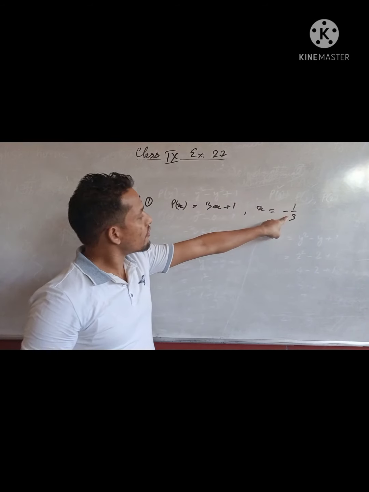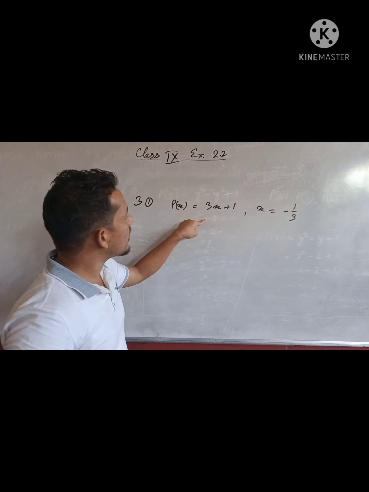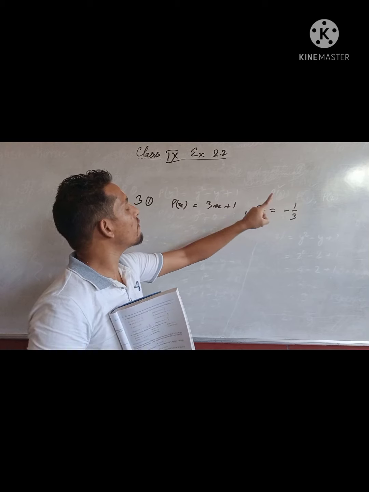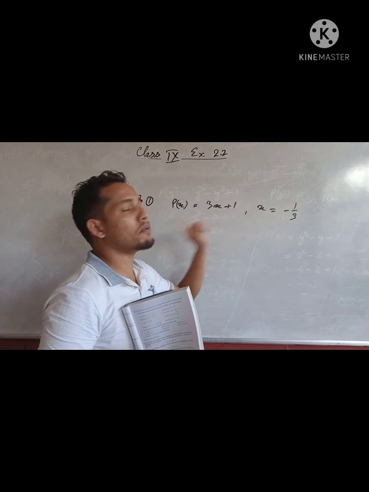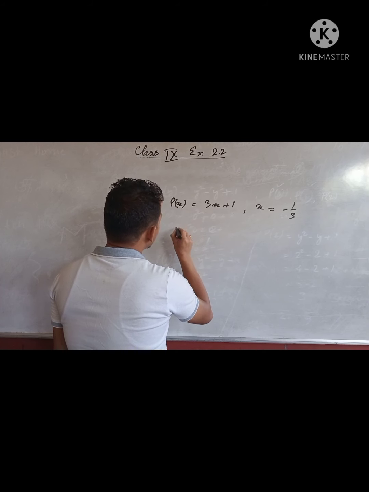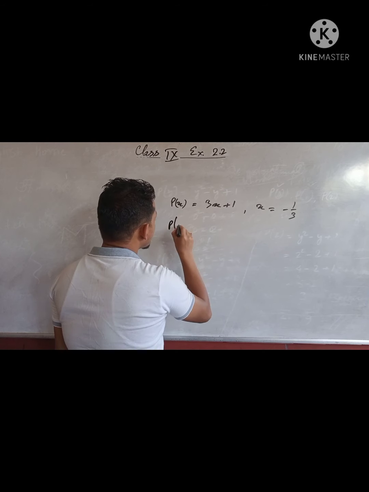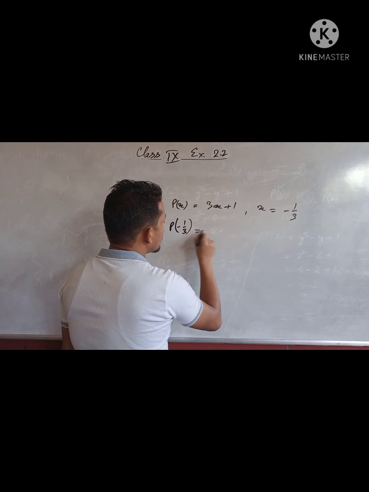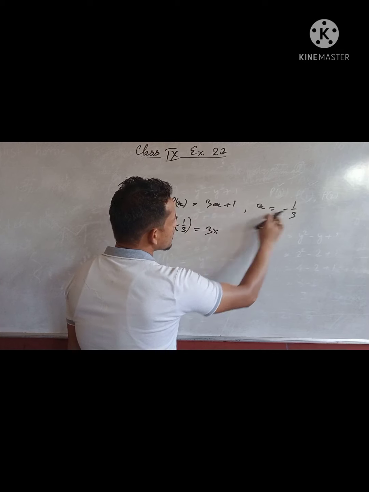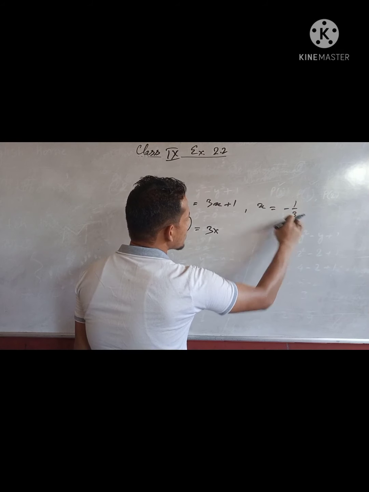Means this is the value of x and this is the polynomial, and we will be checking whether this is the value of x from this polynomial or not. So what we will do here is, P of minus 1 by 3 equals 3 into the x value, which is minus 1 by 3.